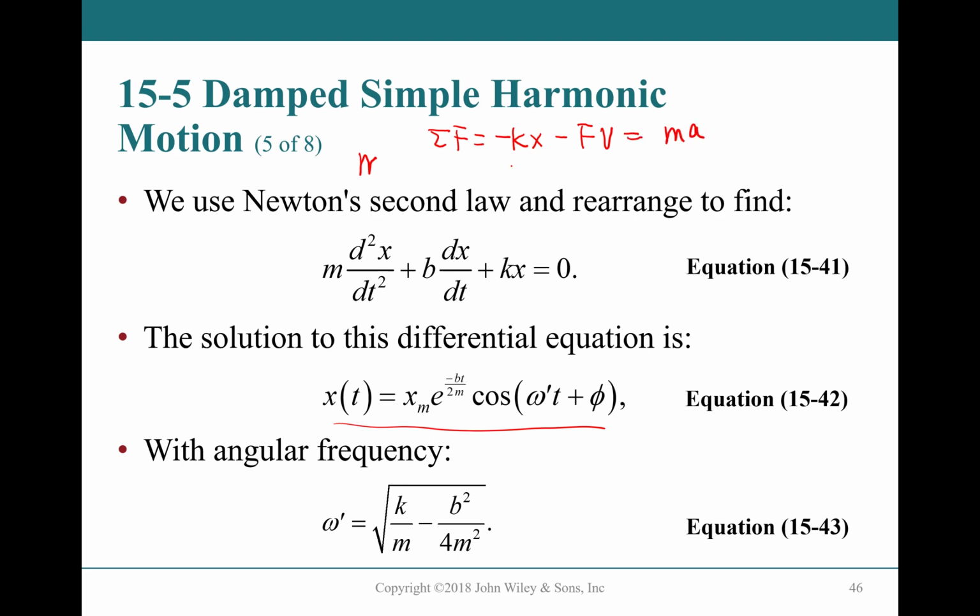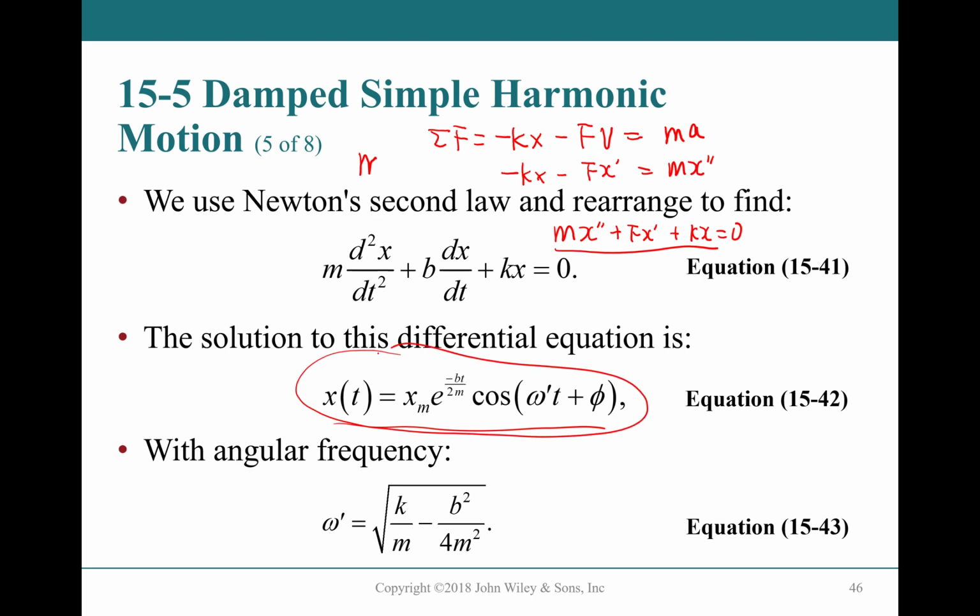This is negative kx, this is bx prime, and this is mx prime prime, since acceleration is x prime prime. So you rewrite the equation: mx prime prime plus bx prime plus kx equals 0. This is a second order differential equation, and the solution to this equation is this.